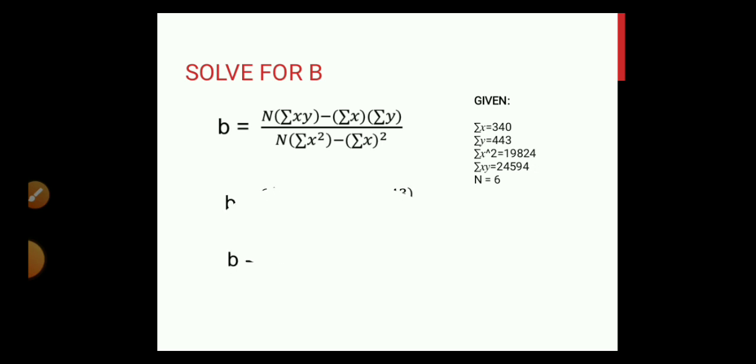So, substitute the values and calculate. We have a slope of 0.91. Since we now have the values of the intercept and slope, we can now find the dependent variable asked for in the problem.